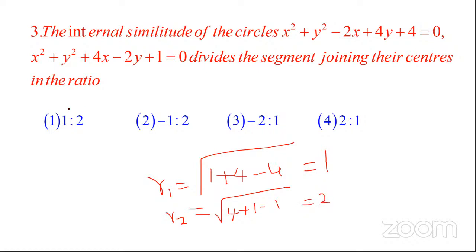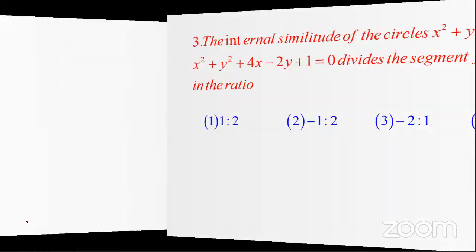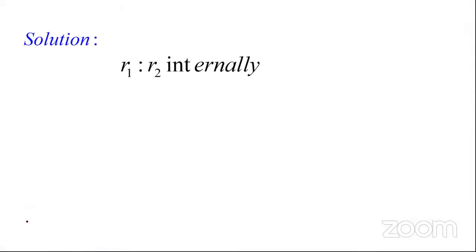So R1 is to R2 is 1 is to 2 ratio. So it divides internal similitude. If the center C2 is there and C1 is there, the internal similitude means this value. Then you will get R1 is to R2. So option 1 is the correct one.